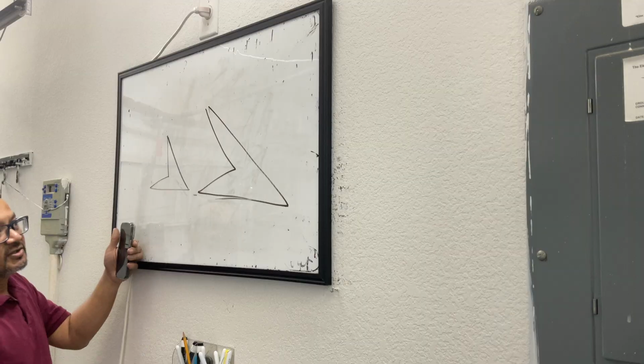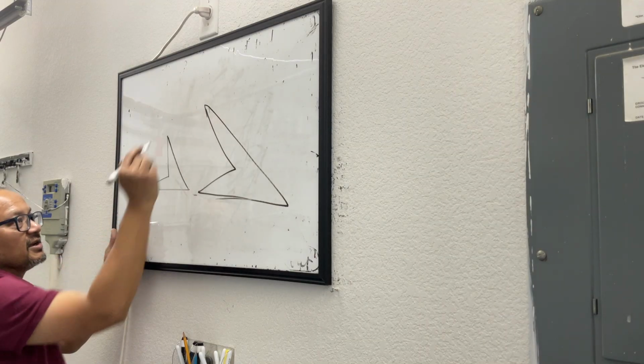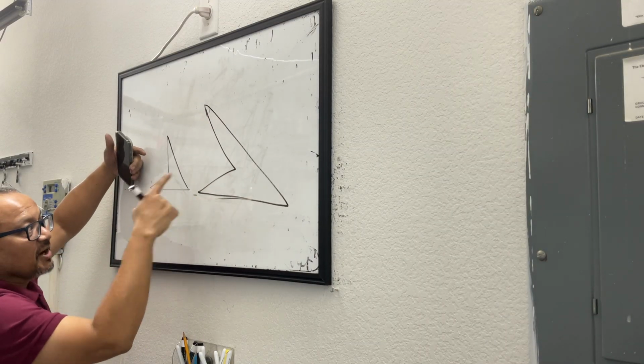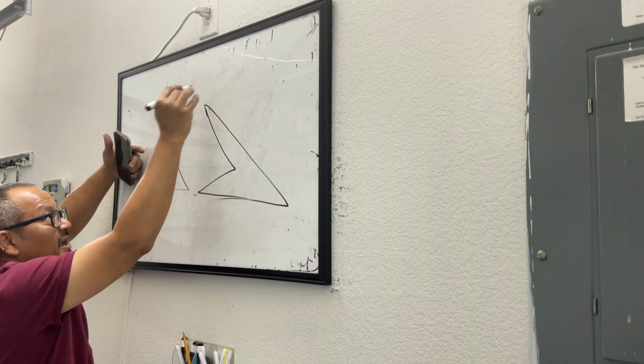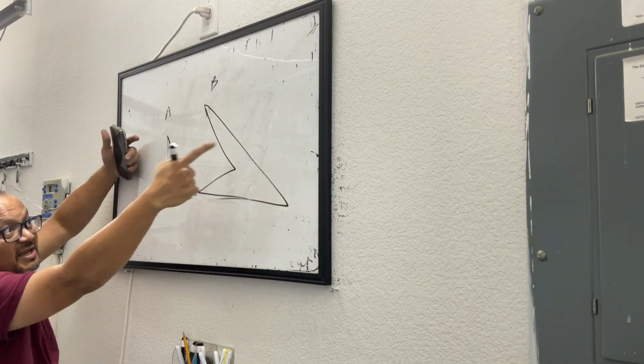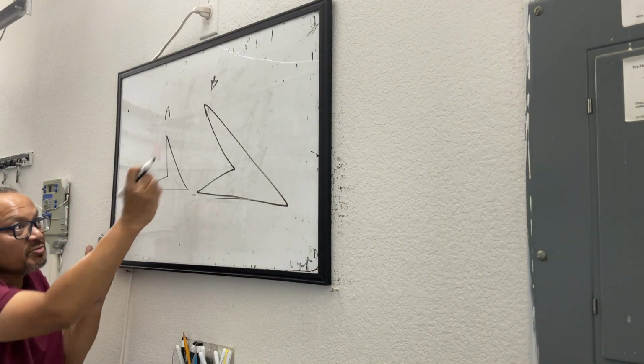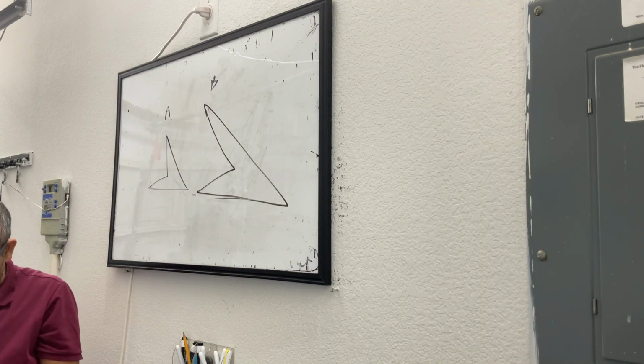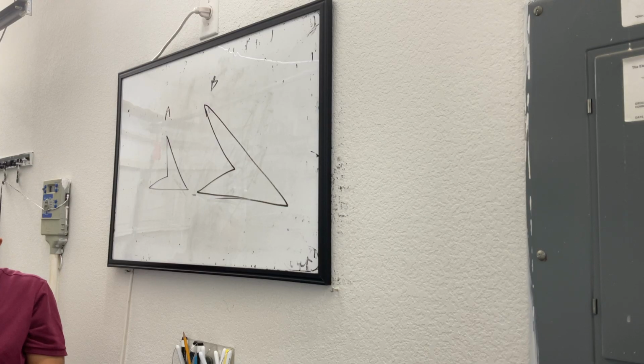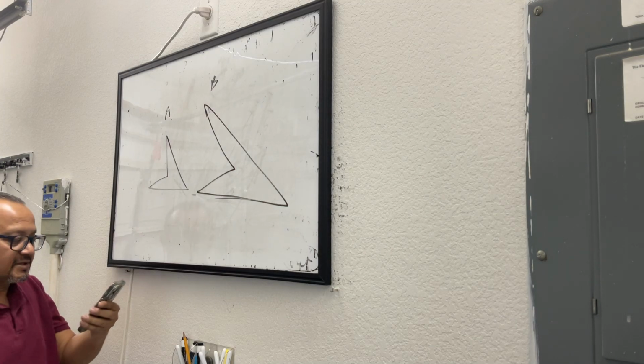So what you're seeing here is a scaled up version of this one. Let's say this is A, this is B. B is a scaled up version of A, meaning you are zooming in by a certain factor.